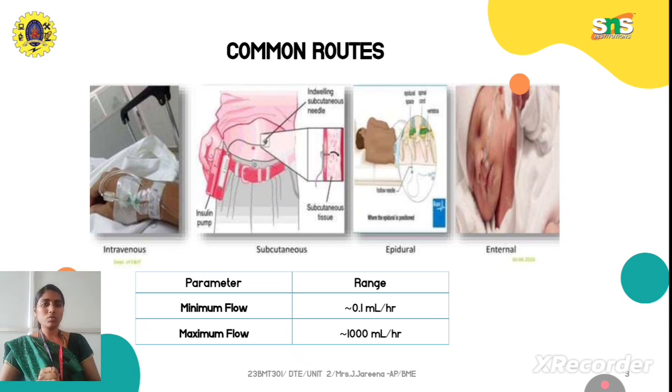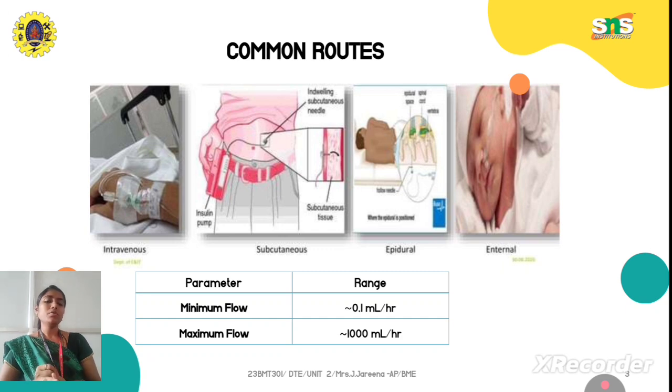Simply we go to the hospital, they put a drip, which is one of the common routes, the intravenous system, that is the IV system. In the IV system, the fluid is injected into the veins. That is the reason the name is called IV, intravenous. Through this route we inject whatever fluids are required based on the patient condition or disease condition.